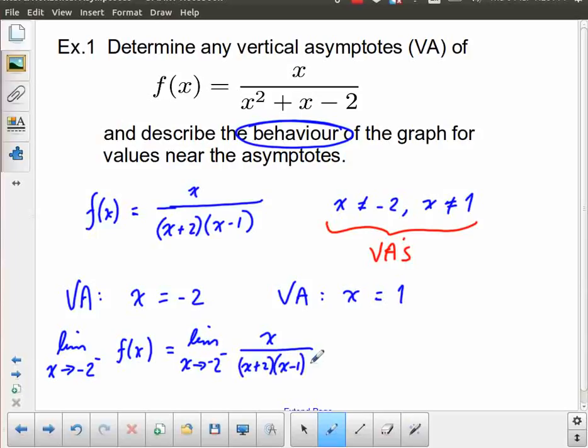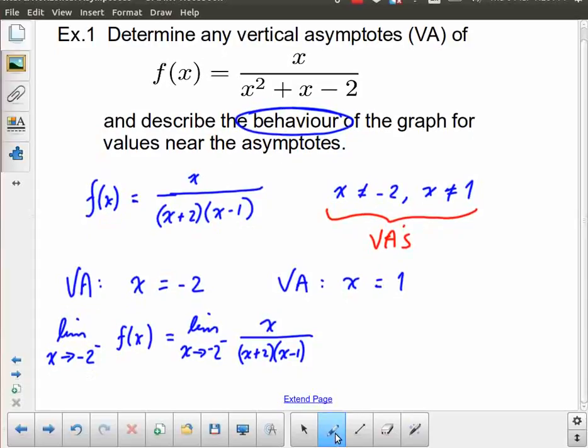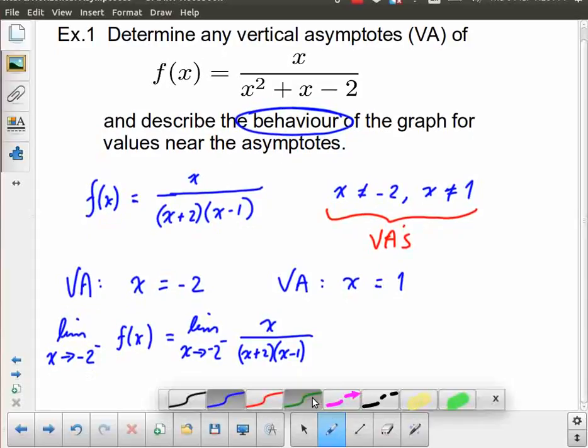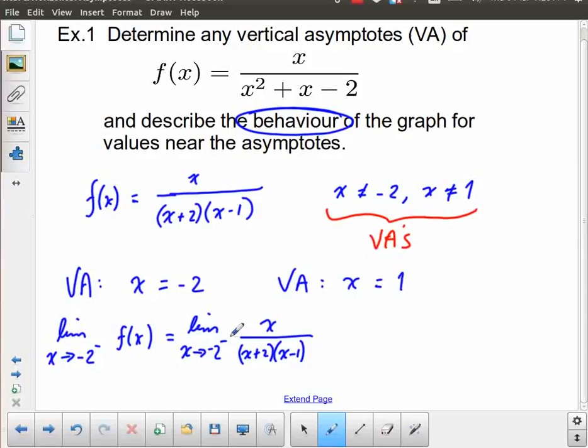x minus 1. Now what we're going to do here is actually very much like the process we go through when we're doing an interval table. But I'm just going to go ahead and show you this in place. Like an interval table, we're really only interested in the signs involved, positive or negative. As x approaches negative 2, x becomes a negative number.